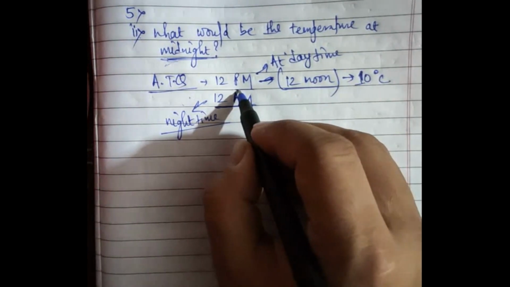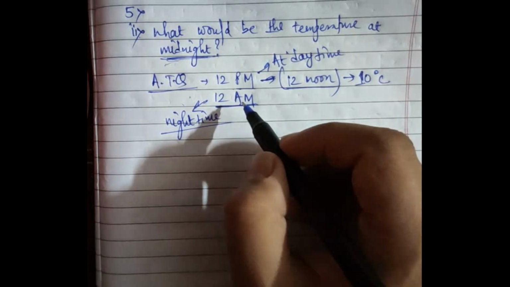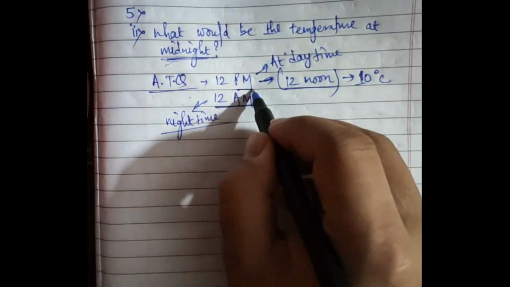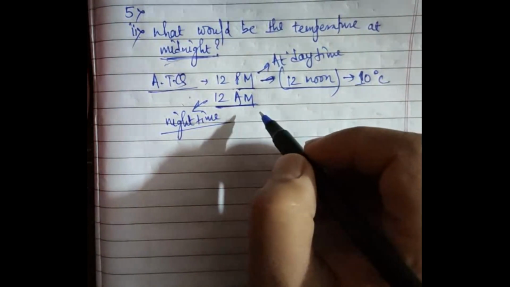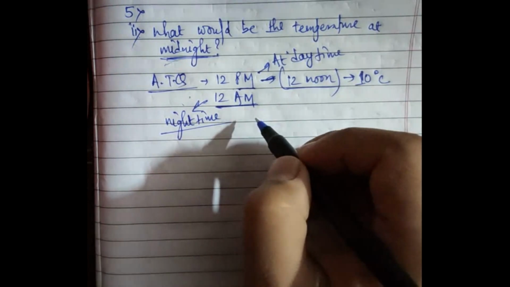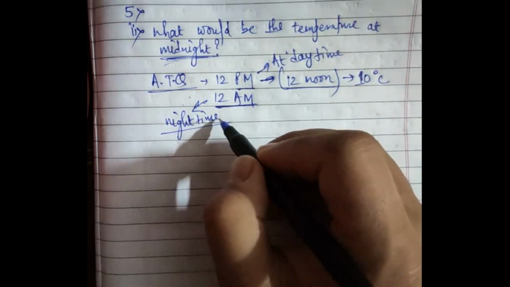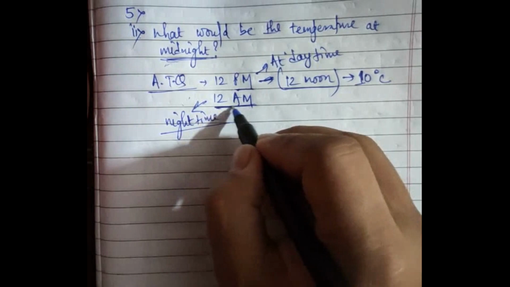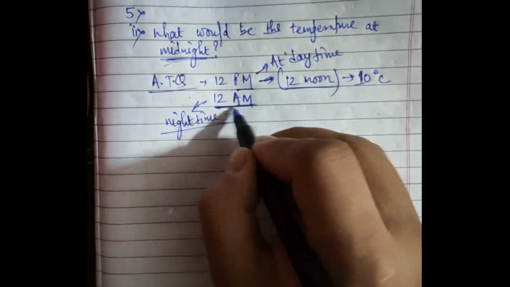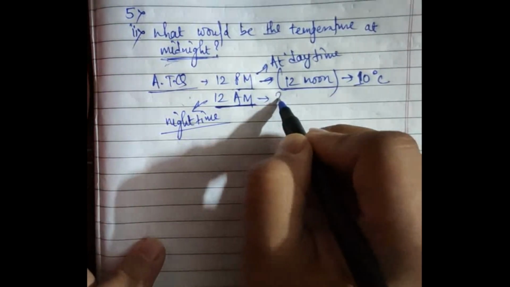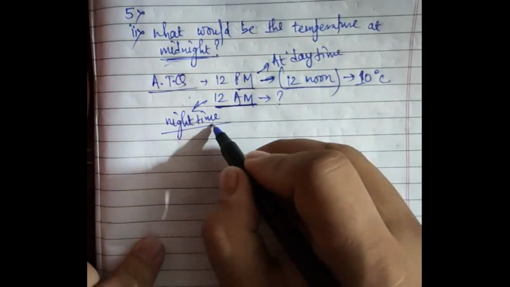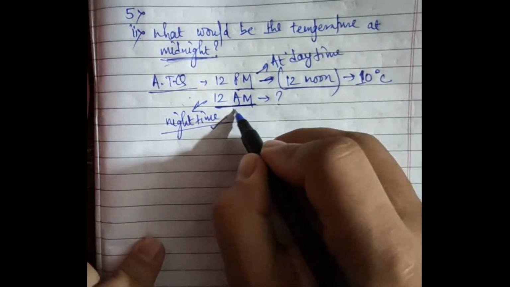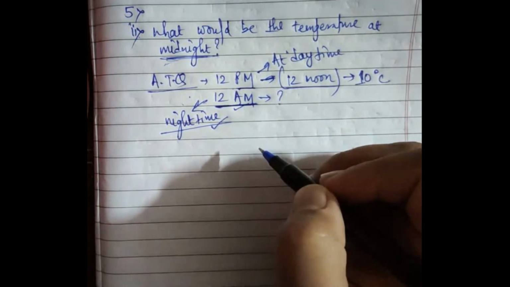So why PM at daytime? You must be knowing that, isn't it? This is a part of geography. You must be knowing since childhood we used to say this. All right. So this is the fact. So at night time it is 12 a.m. So we have to calculate what temperature will be at night time, that is 12 at midnight, isn't it?